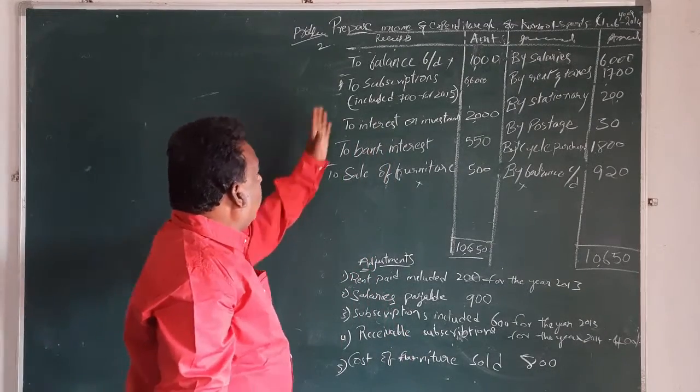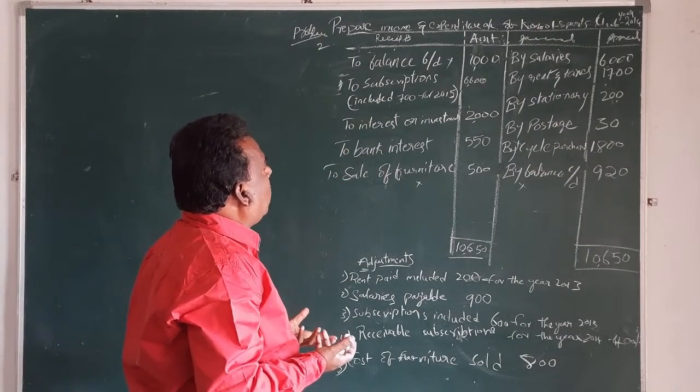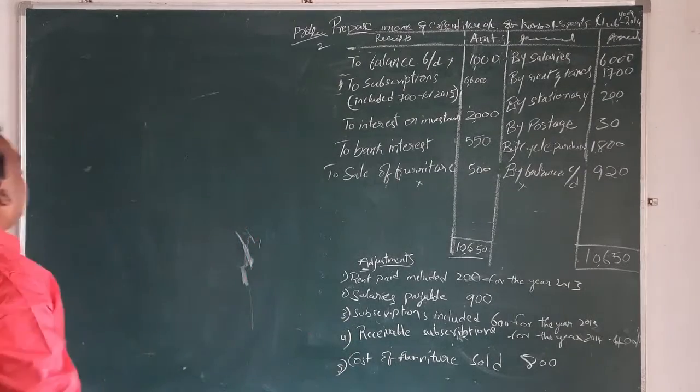From the following receipts and payments account, we must prepare the income and expenditure account of Kurnool Sports Club for the year 2014. Come to the point.